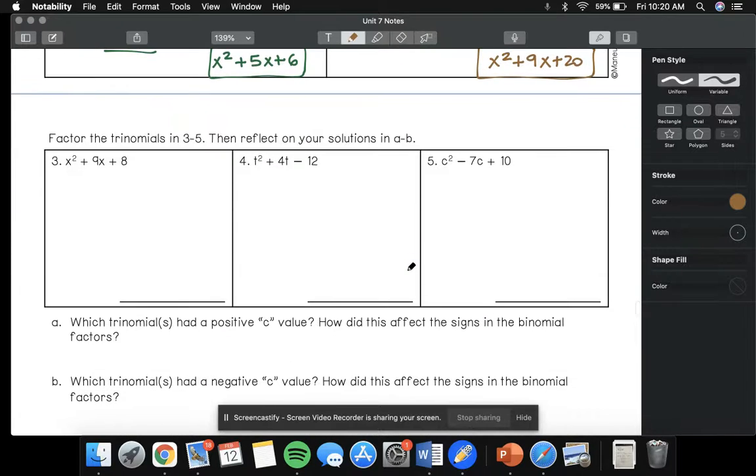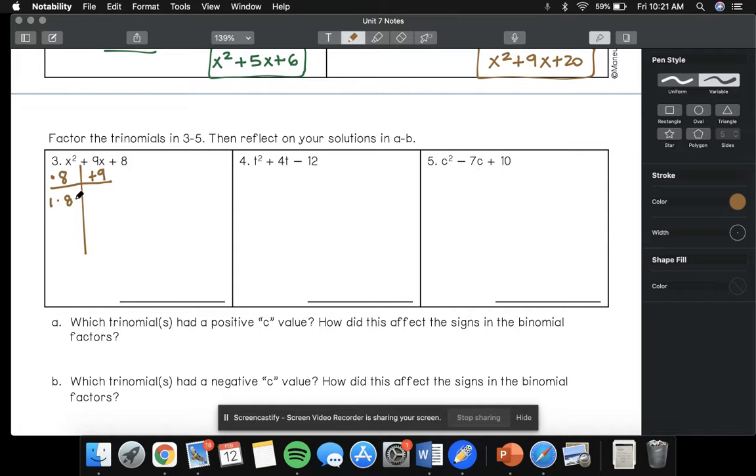All right, so now we are going to go ahead and have you try a couple. So this one has to multiply to 8 and add to 9. So I'm going to go ahead and make my table. I'm going to write my factors of 8.